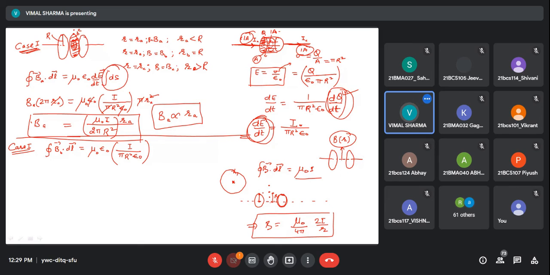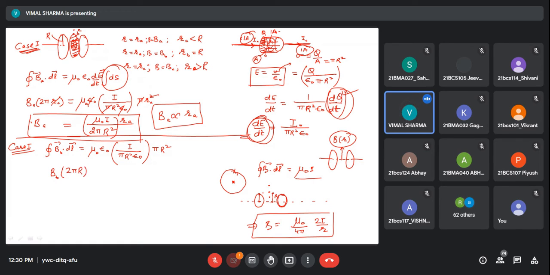And here I have integral ds, and this integral ds is now pi R squared, the flux linked with this big loop of radius R. On the left hand side, you can see it is B subscript B, and this is part of this loop, so the circumference of this loop is the closed line integral of dl.